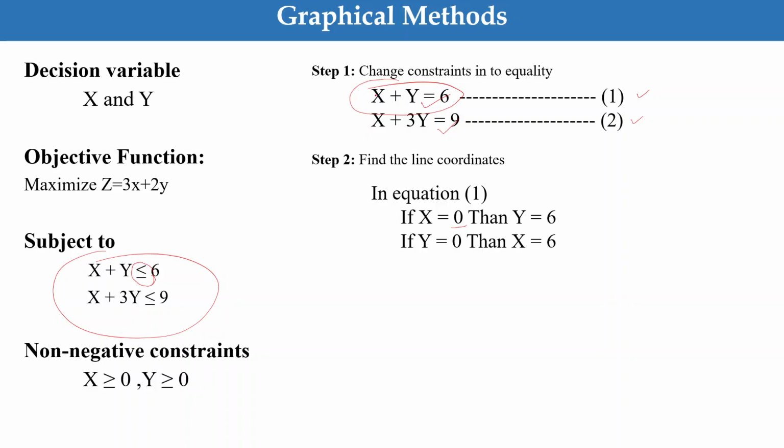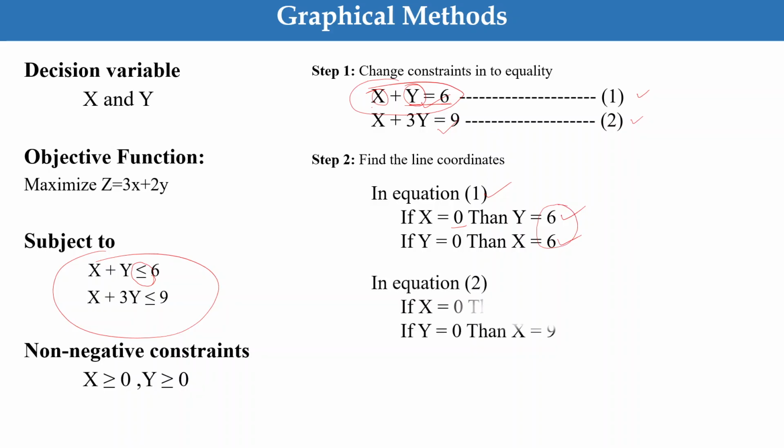When I put x equal to 0, y will be 6. And in the same equation, when I say y is equal to 0, x will be 6. So we put first x equal to 0 and then y equal to 0 in the same equation, equation number 1.